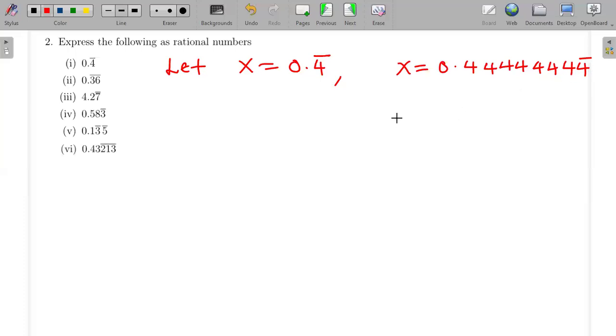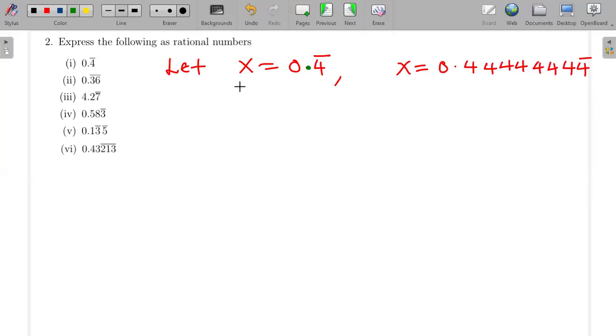Now, once you have your x, for you to turn this number into a fraction, you'll be finding two numbers from whatever you've been given here, such that immediately after the decimal point, you have the part that repeats. The part that repeats is this 4 here.